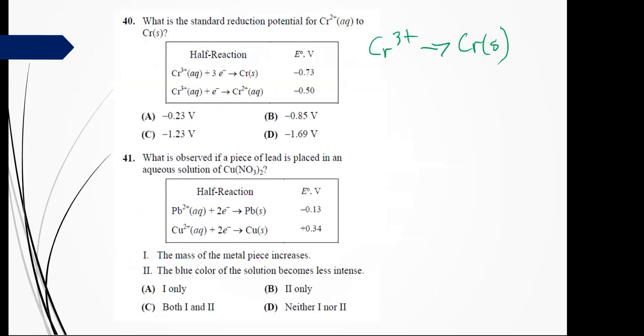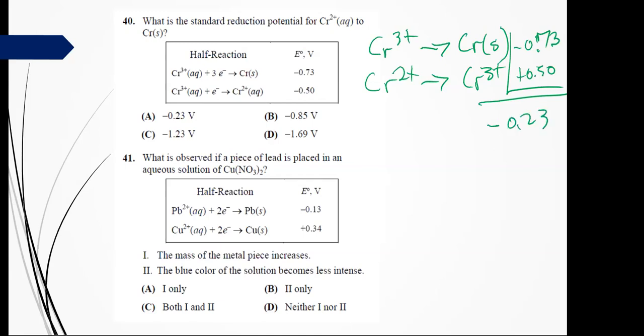And then we should have this one, Cr2+ going to Cr3+. And so now we know which direction we should have our equations. So this could be negative 0.73. This should be a positive 0.50. And then I just add those together. And so I should get a minus 0.23 volts.